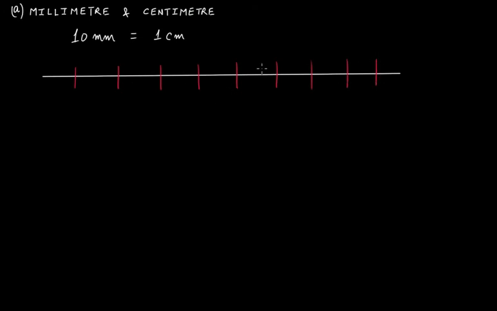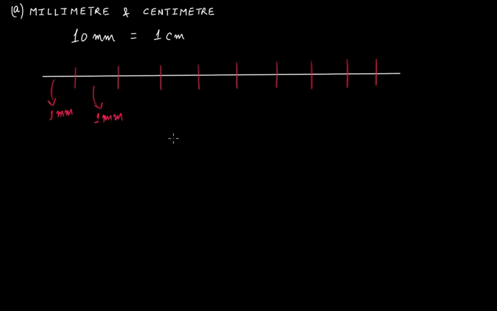Assume that this 1 centimeter has been divided into 10 equal parts, and each part therefore will represent 1 millimeter. So each millimeter is a single section of 1 centimeter divided into 10 equal parts, right? That's what it means that 10 millimeter is equal to 1 centimeter.